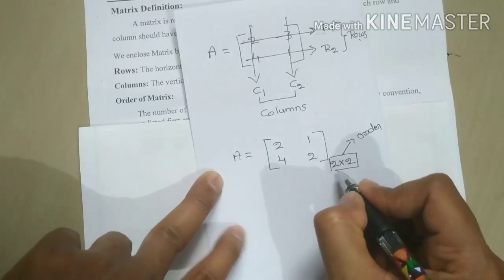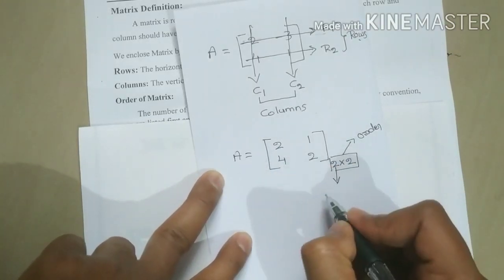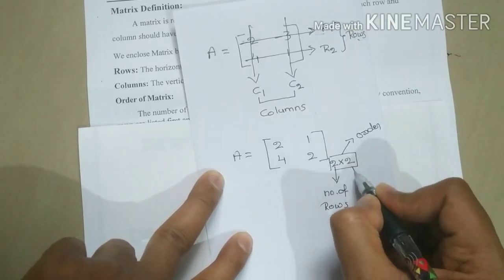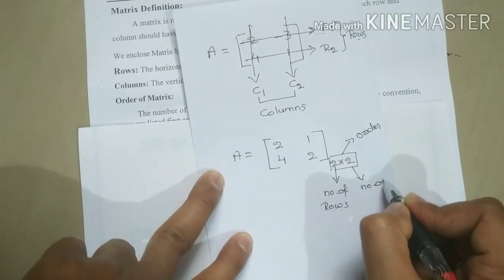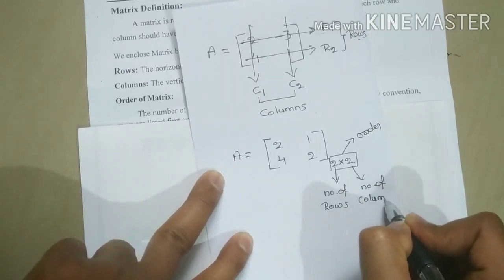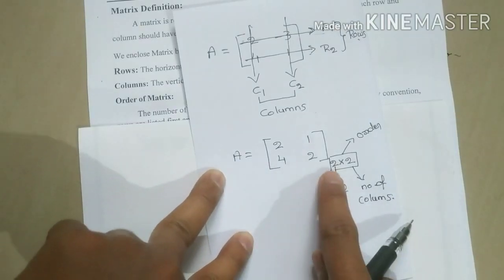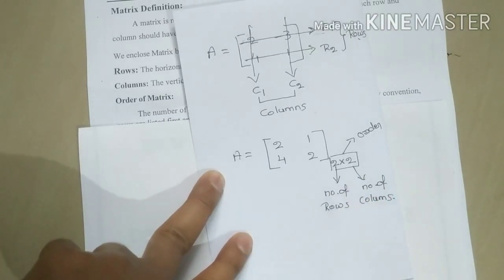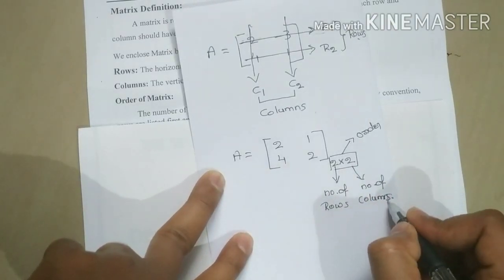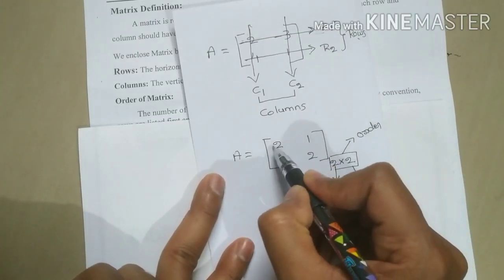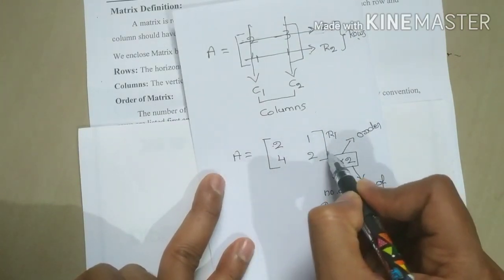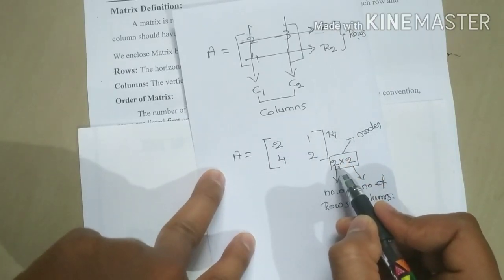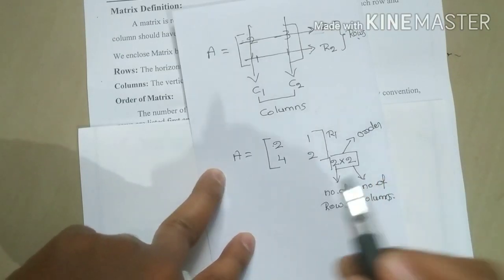In that, the first 2 indicates the number of rows, and the second 2 indicates the number of columns. Therefore here 2 rows are there, and 2 columns are there. So this indicates the order of that particular matrix.